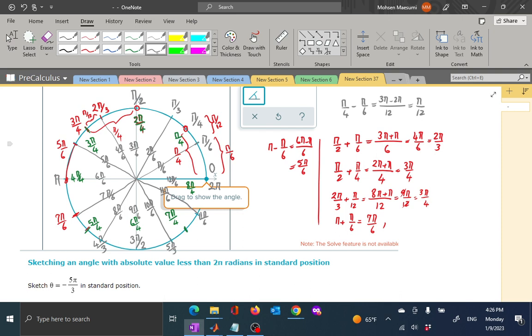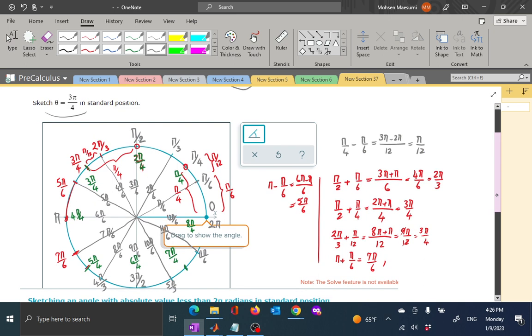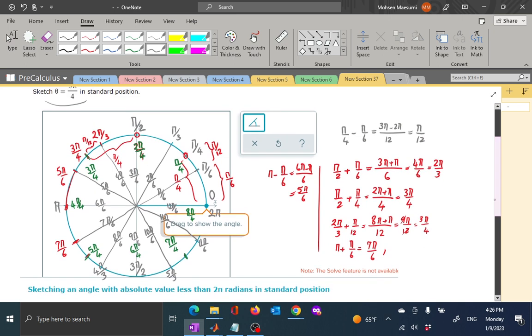So go around the circle in a variety of ways, as the multiples, or adding and subtracting some known angles to what you had. And then, 3 pi over 4. Let's see, pi over 4s, maybe we color them. Becomes very crowded though.